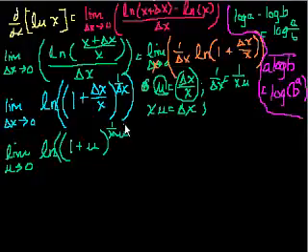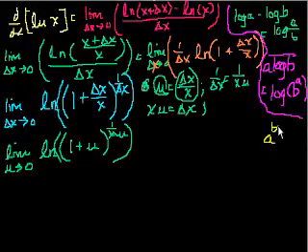Remember, we're taking the natural log of everything. And we know this is an exponent property, which I'll now do in a different color. We know that a to the bc is equal to a to the b to the c power, right?